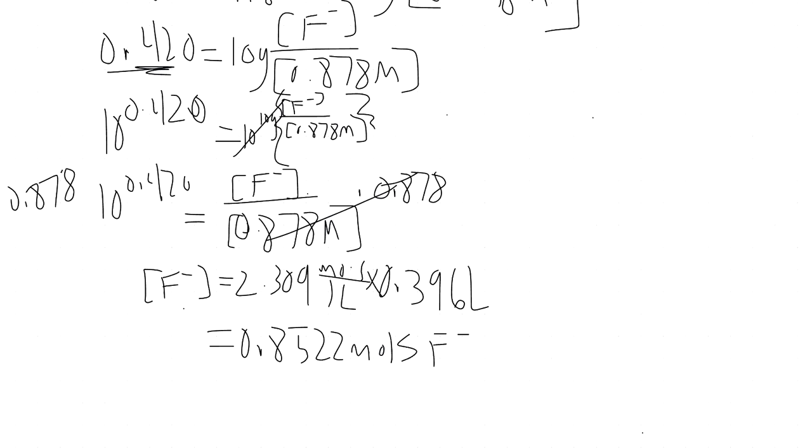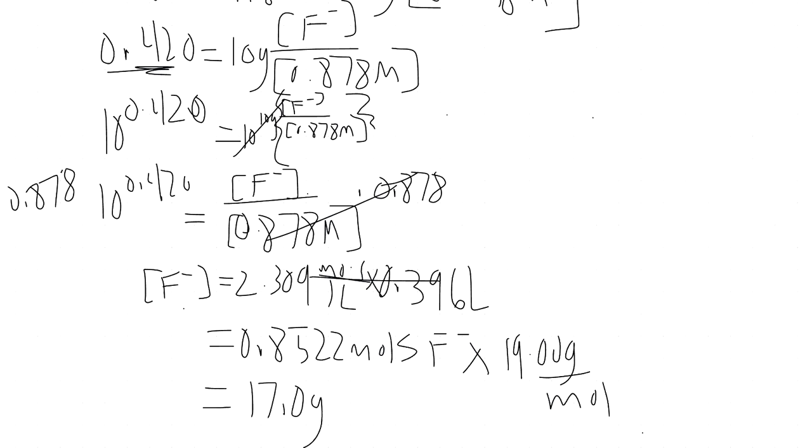It would be 19.00 grams per mole. And so the amount of fluorine in grams that you have to add is about 7.0 grams to reach a pH of 3.6.